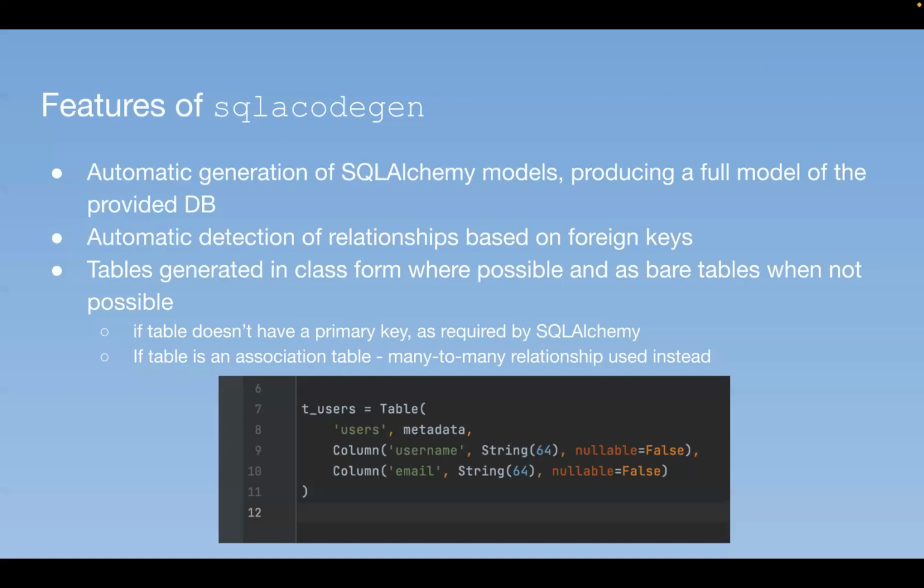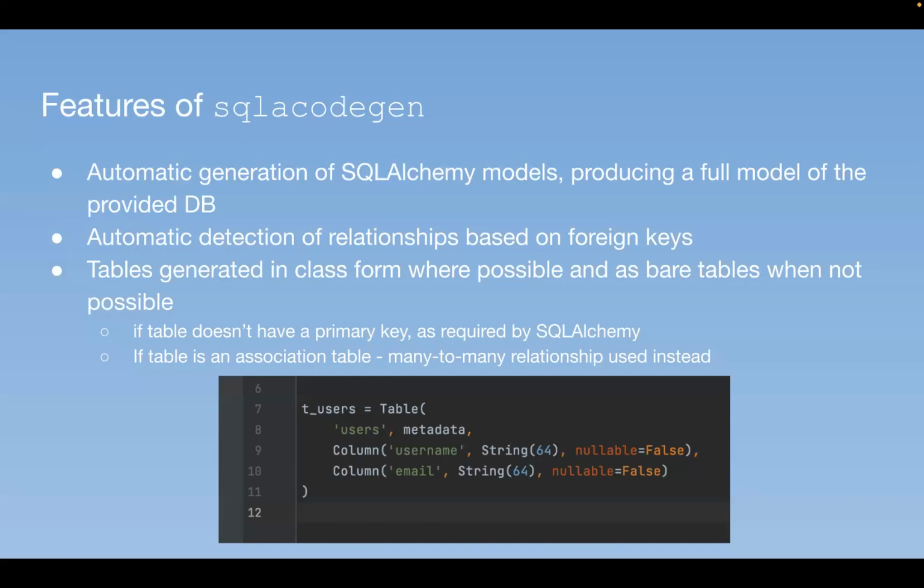As a fallback, it may generate this raw table format you can see at the bottom, which I guess if you use SQLAlchemy, you're not as used to seeing. But this is only in a couple of circumstances. If the table doesn't have a primary key, then it will use this fallback scenario. But actually, SQLAlchemy requires you to use primary keys, so that's not really an important situation.